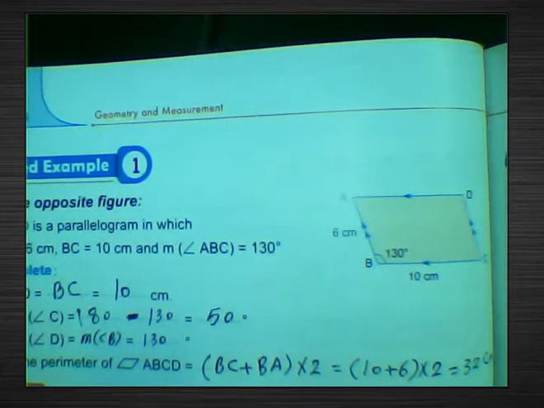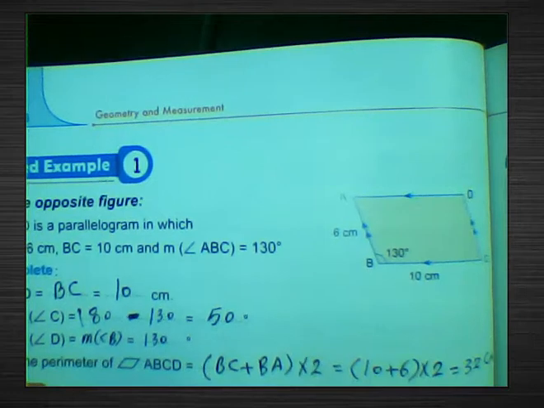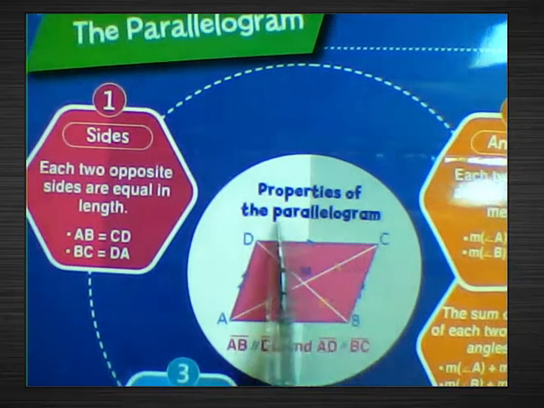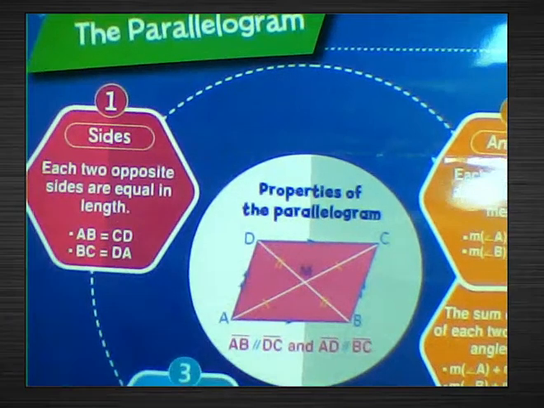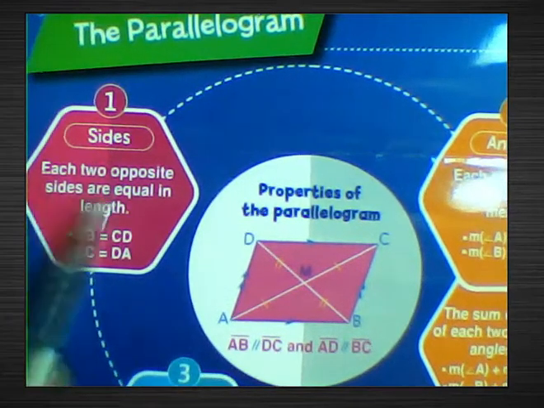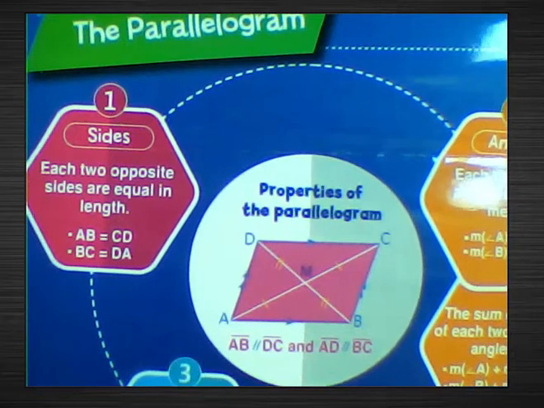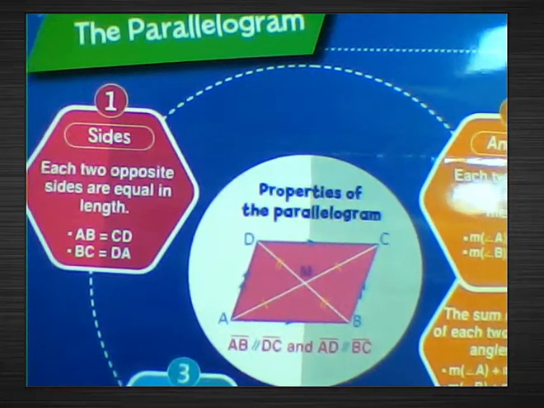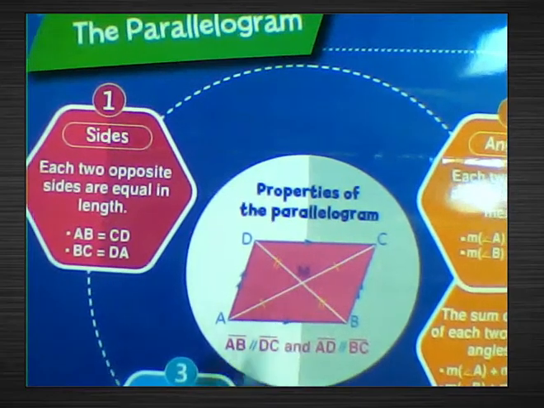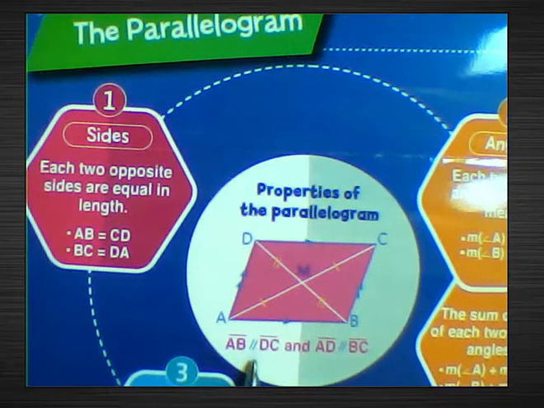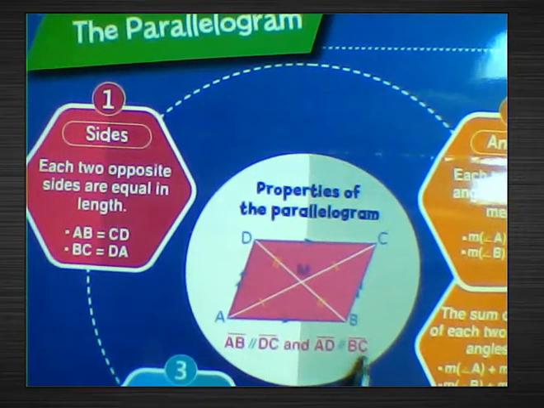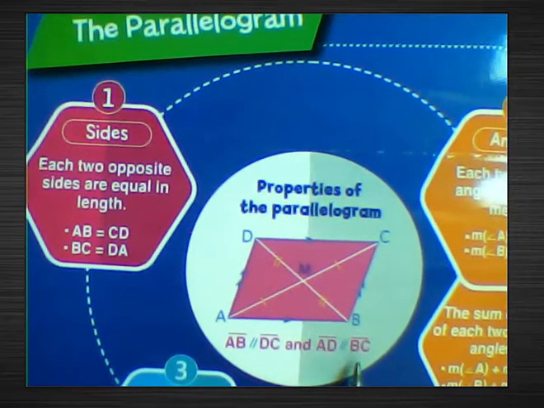Look at these properties of the parallelogram. Number 1, talking about sides. Each two opposite sides are equal in length: AB equals CD and BC equals DA. AB is parallel to DC and AD is parallel to BC.